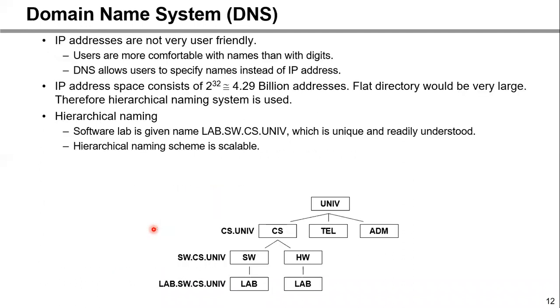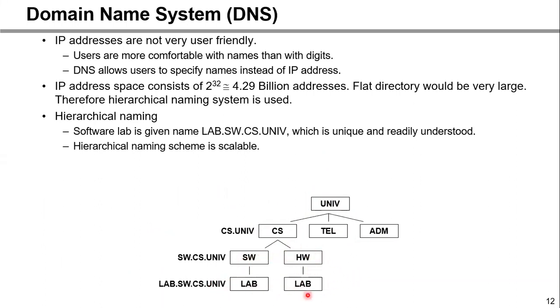So this is the hierarchical example. Let us say you are in a university. In that university you have many departments: computer science, telecommunication, administration, and so on. In computer science, you have multiple sections: software sections, hardware sections. In the software sections, you have multiple labs.